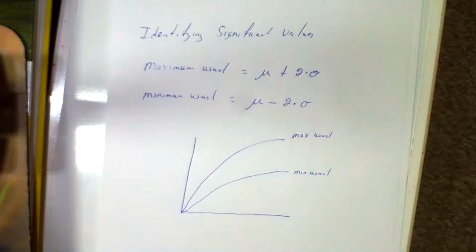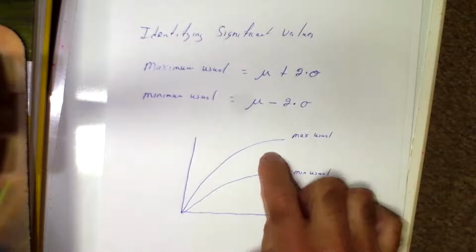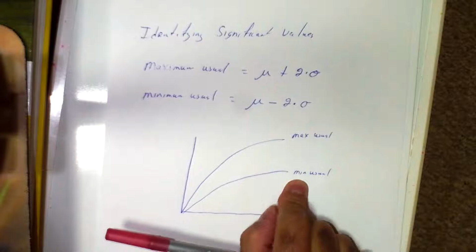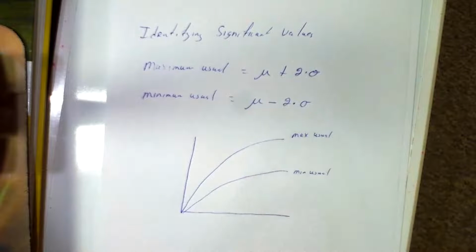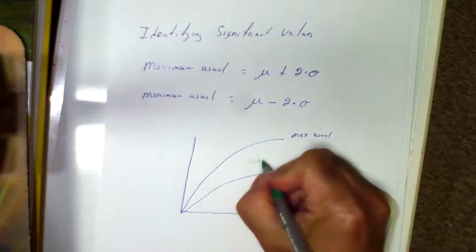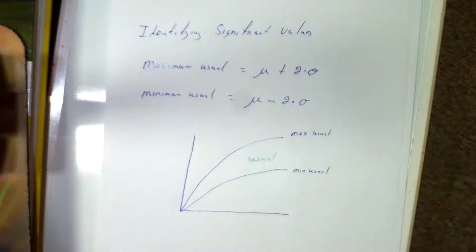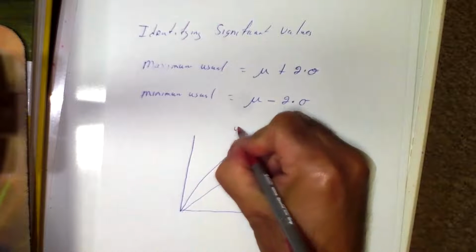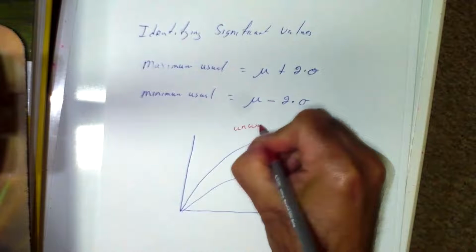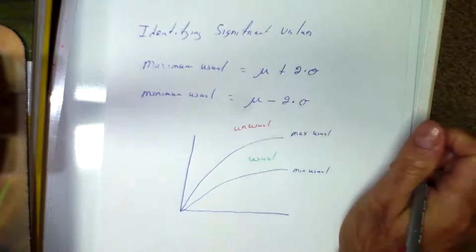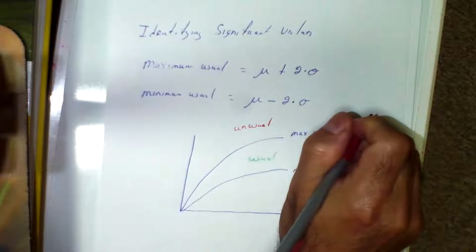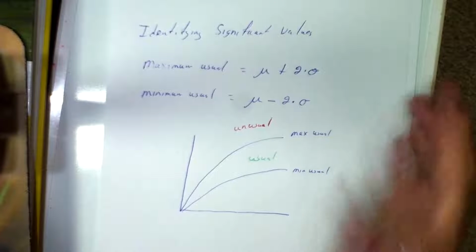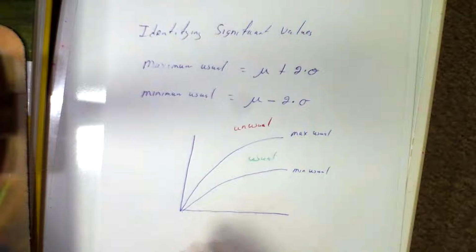So if your child's head circumference falls within the max and minimum, your child is healthy. So this area here is considered to be the usual, the green light. They're healthy, they're good. However, if your child exceeds the max, there's a problem. The head size of the child is much bigger than the brain, which means there's fluid building up in the skull, and that's a major concern.